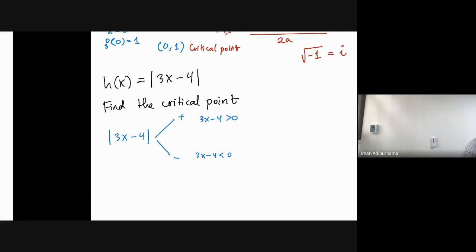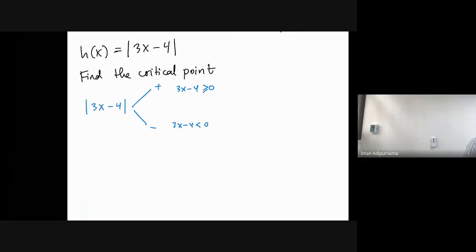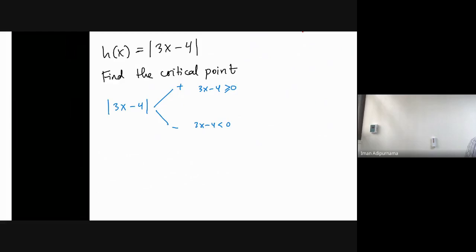But one of them you need to have an equal sign. You will find that your point, if you graph this absolute value, should be at, let's say this 1, 2, maybe around here.